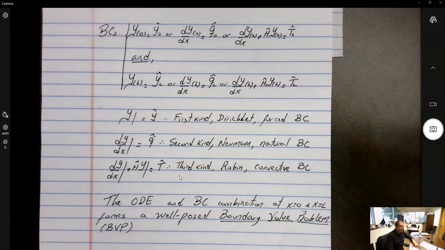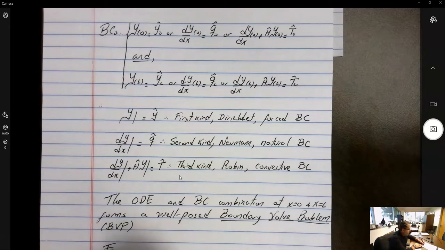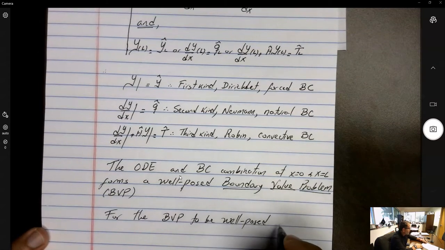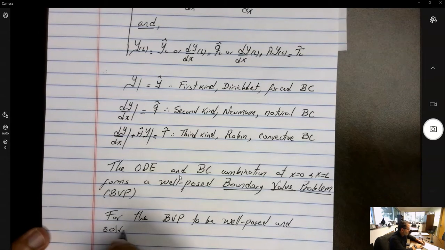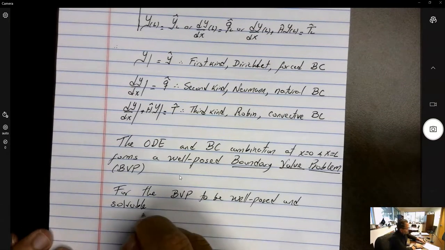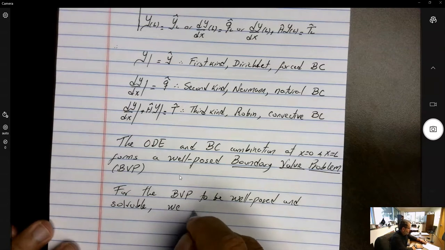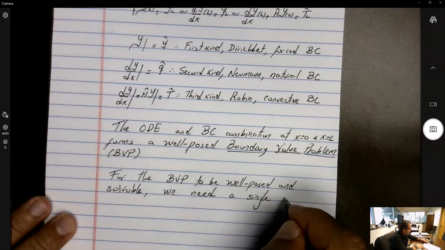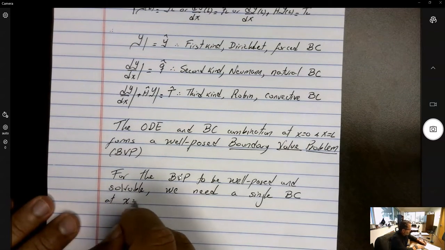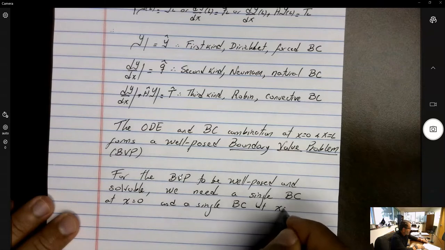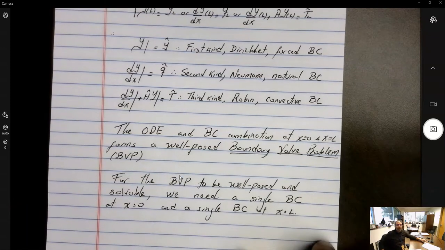All right? So for the boundary value problem to be well posed and solvable, and to yield a unique and existent solution, we need a single boundary condition at x equals 0 and a single boundary condition at x equal L. Okay, and when I say single, I'm not talking about a first kind condition.